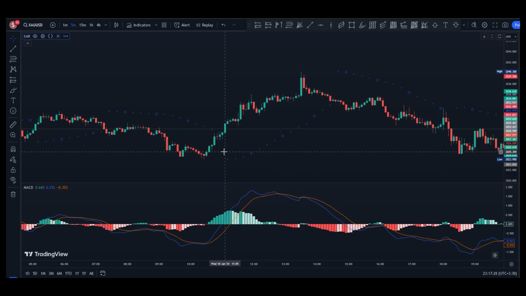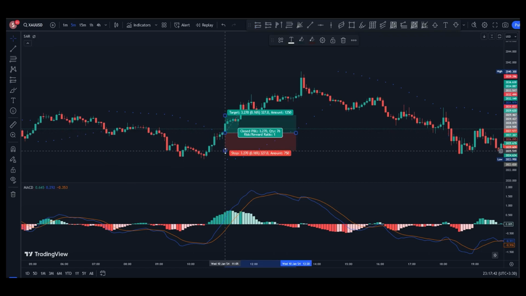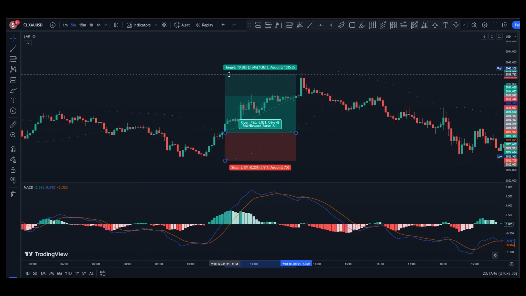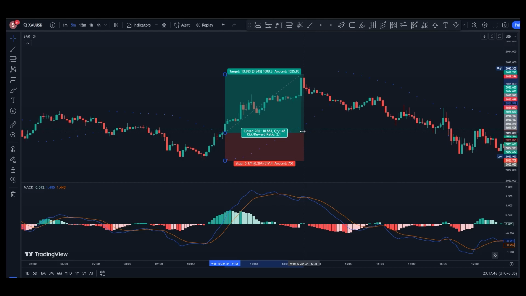Well, we can enter, as I told, in this area, as you see, and use the Parabolic SAR as our friend for our stop loss. As you see, it gives you a little delay to entry, but you can use it as a trailing stop loss line.